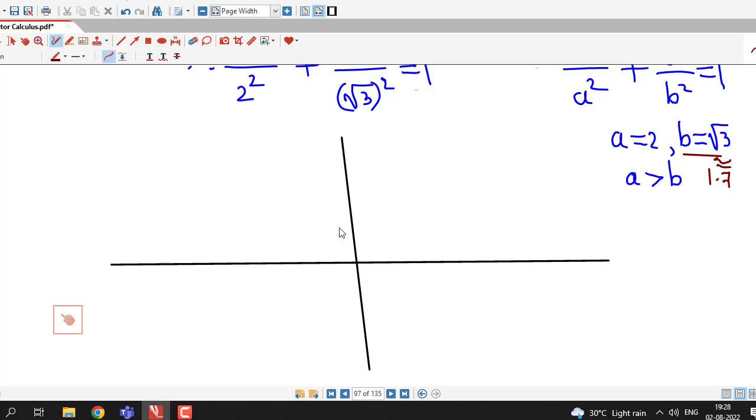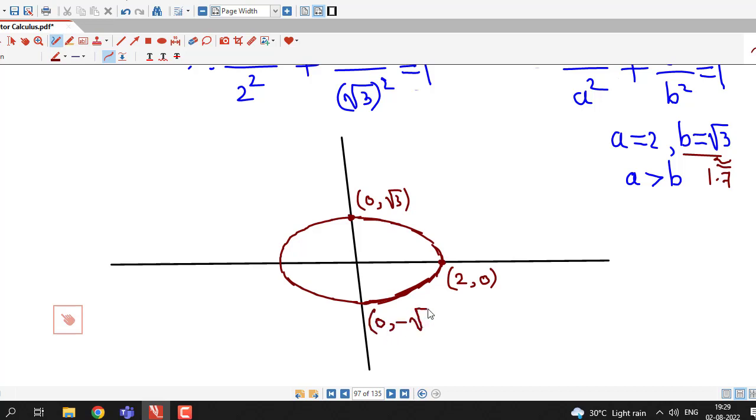So suppose we just try to sketch the ellipse roughly. Suppose this is the given ellipse, and we must have equal portion in each quadrant. This is just a rough sketch to explain the region of integration bounded by the ellipse. So this point is (2, 0), and this much distance is square root of 3, so this point is (0, root 3).